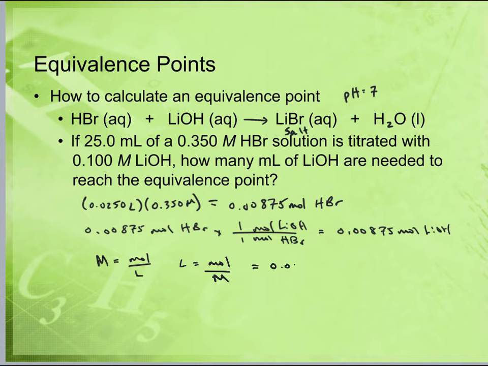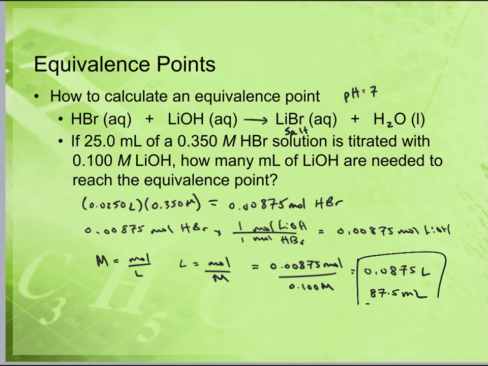And that would be 0.00875 moles divided by the molarity given of 0.100. Okay, so that's just going to move the decimal place basically one spot over. This would be 0.0875 liters. Or if you want to think of it right in terms of milliliters, since my initial value was in milliliters, that would be 87.5 milliliters. Either one of those answers would be acceptable.